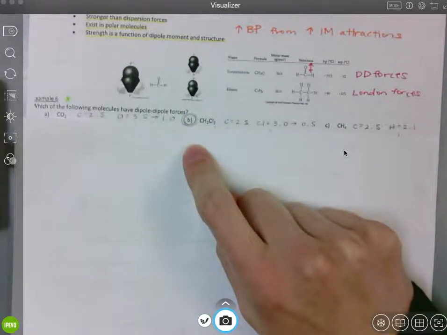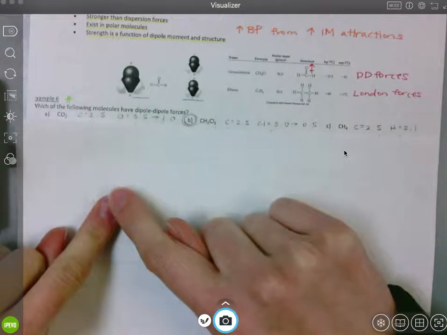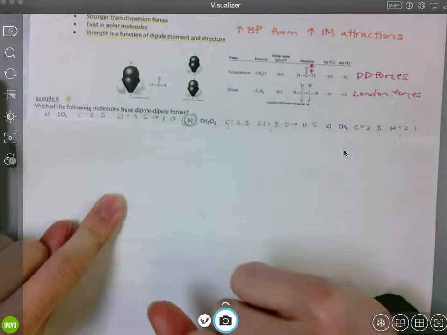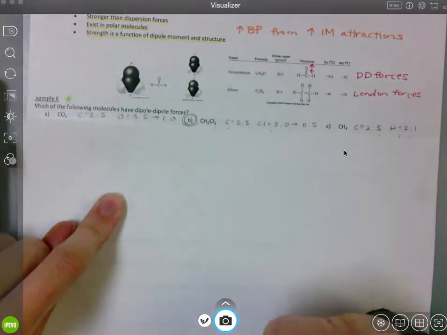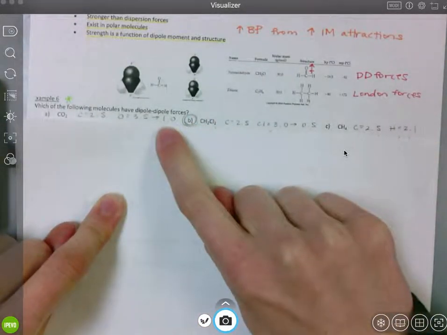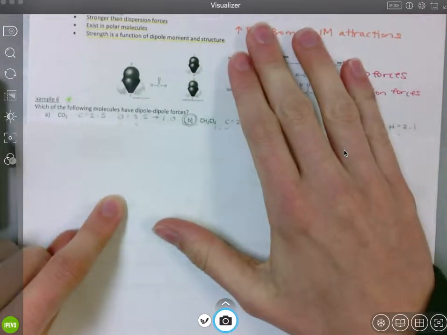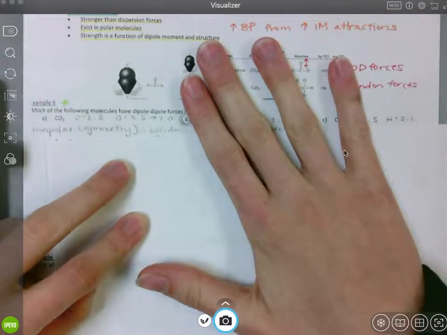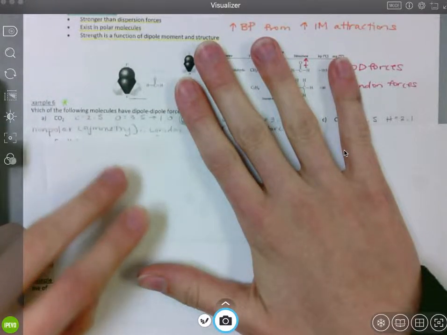Do we also have the same atoms bonded to our central atom, to carbon? Yeah, we do. We have 2 oxygens. So if we have a molecular geometry of linear, trigonal planar, or tetrahedral, which we have linear, and we have the same atoms bonded to our central atom, even though we have a polar bond, we are a nonpolar molecule. So this guy is nonpolar because of symmetry. So we only have London forces there.